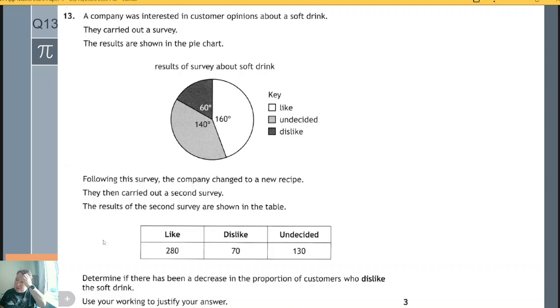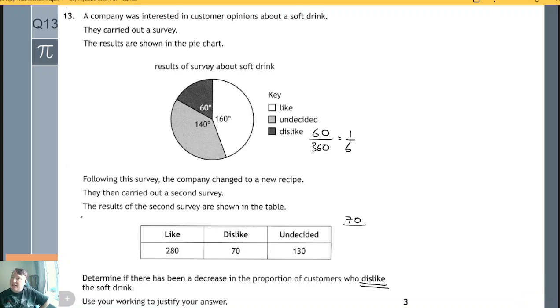Okay, so the easiest way is to either compare fractions or compare percentages. Let's have a look at what we've got. We're looking at dislike, so I'm only interested in the dislike. So dislike, we have got 60 out of 360, which is 1/6. And dislike here, we have got 70 out of how many?